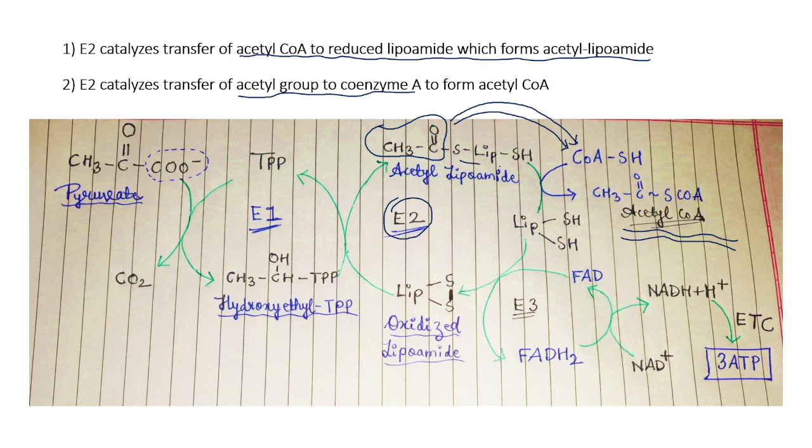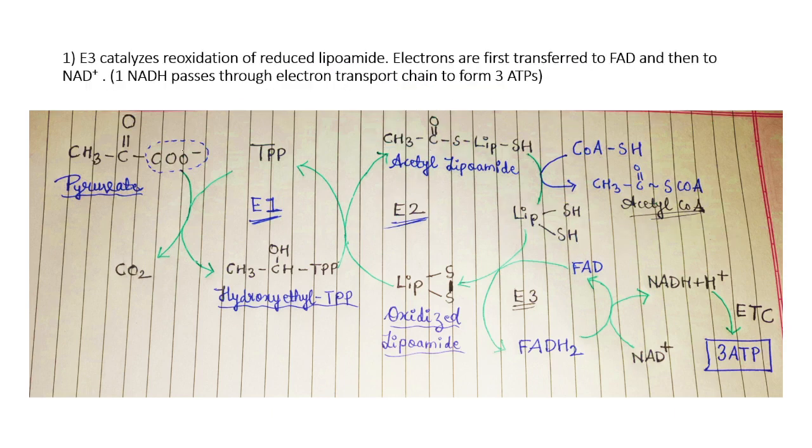So what is left now? Reduced lipoamide. So this is reduced lipoamide. Okay. Next step. Enzyme 3 will catalyze reoxidation of reduced lipoamide. Electrons are first transferred to FAD and then to NAD plus. Okay. So now acetyl coenzyme A is formed. But this reduced lipoamide should be converted into oxidized lipoamide so that the next pyruvate oxidation cycle can continue.